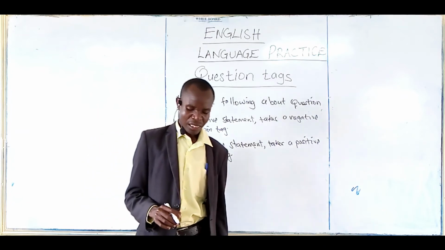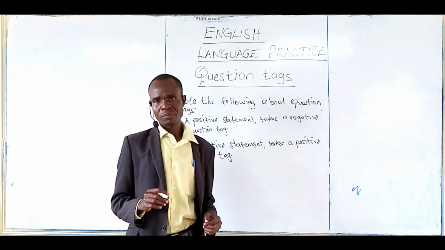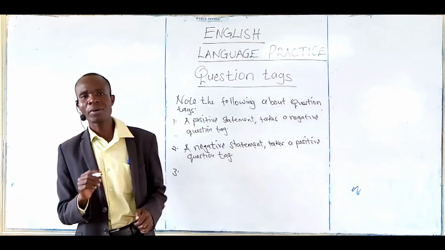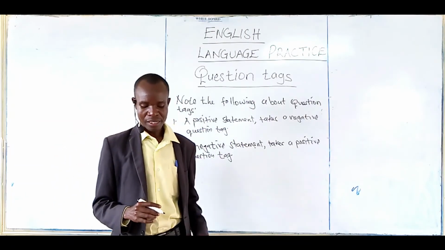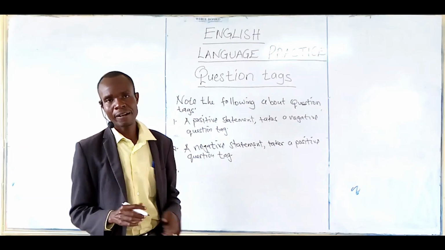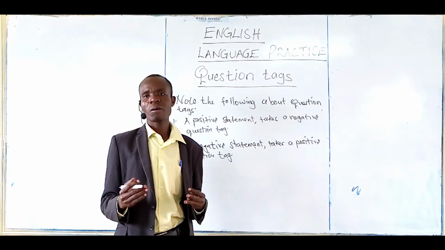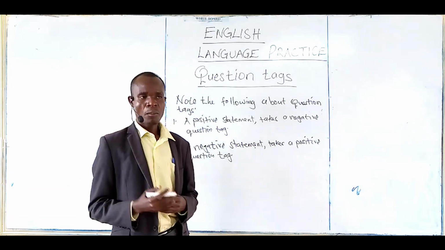Point number 5. If there is a modal auxiliary verb in a statement, it is also used in a question tag. So don't be confused when we talk about auxiliary verbs and modal verbs.